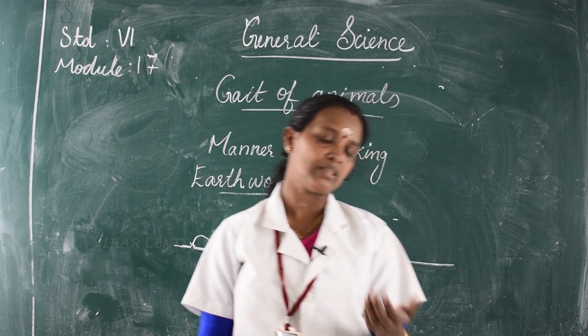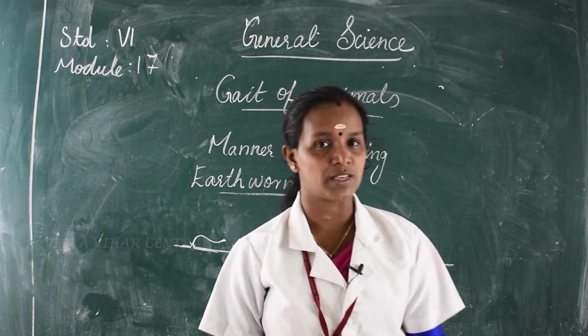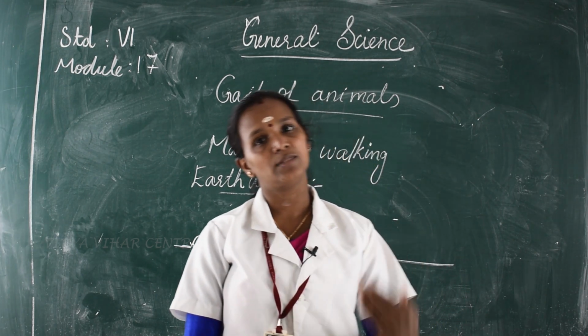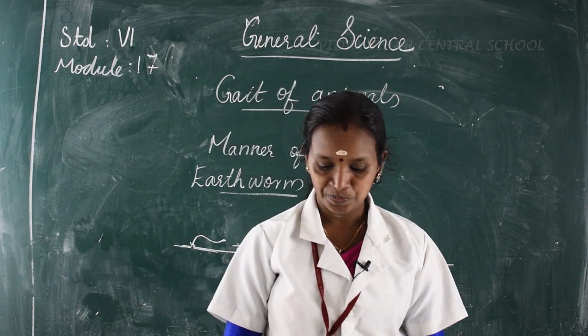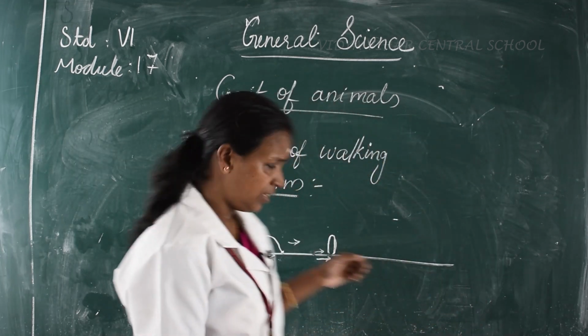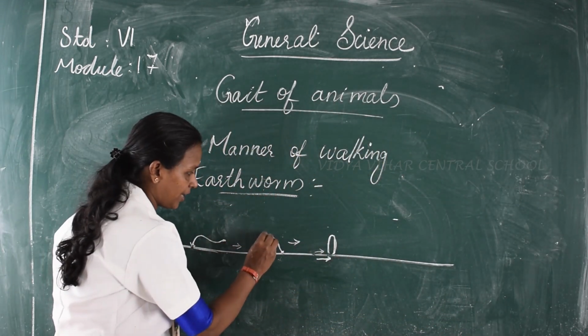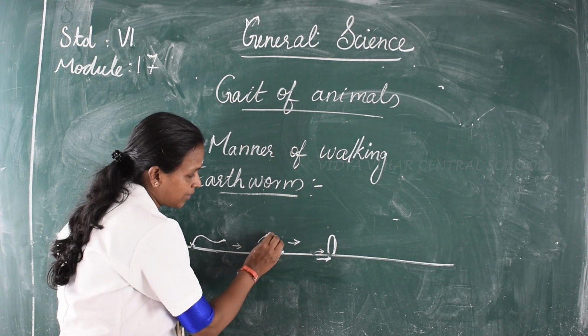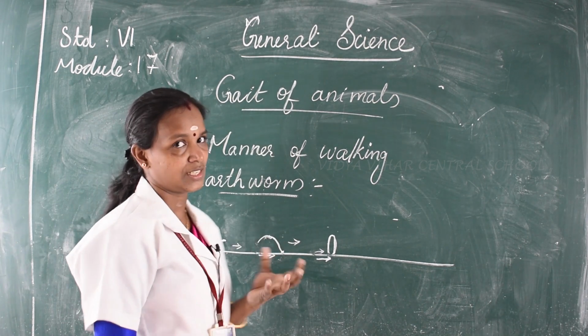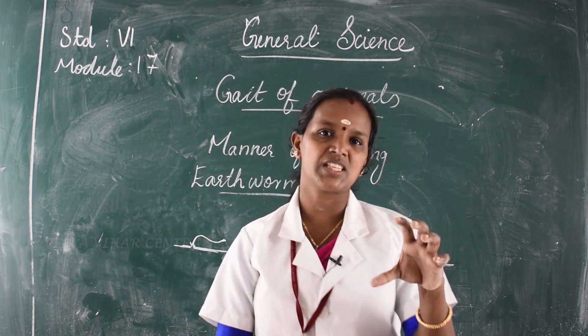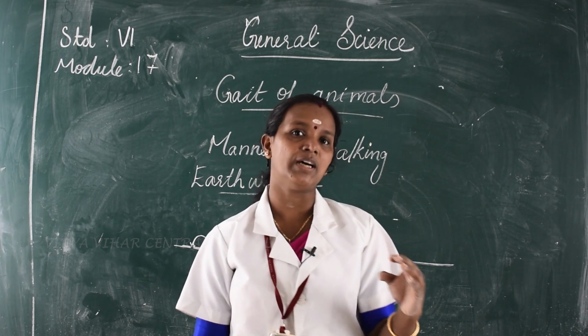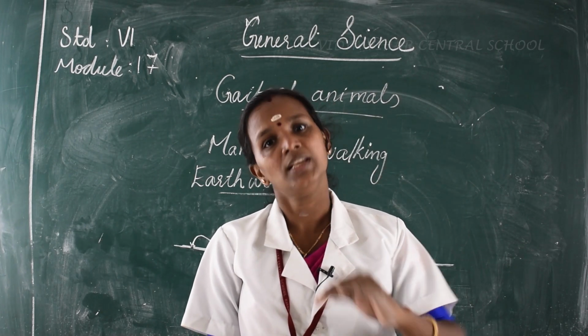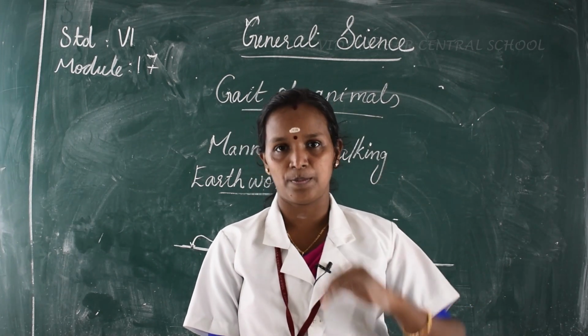And also it secretes a slimy substance which helps the earthworm to move in the soil. Below the body of the earthworm, you can find bristle-like, hair-like structures which give grip to the body of the earthworm on the sand or soil.